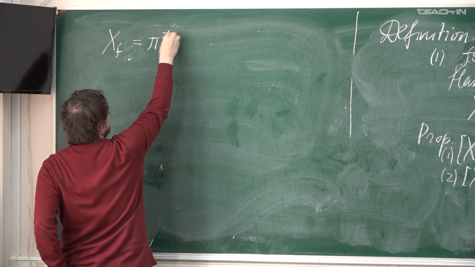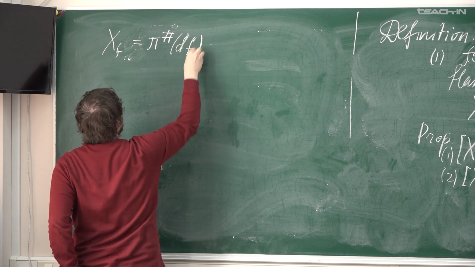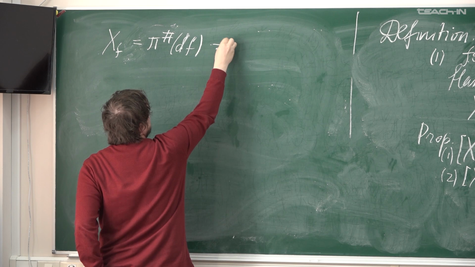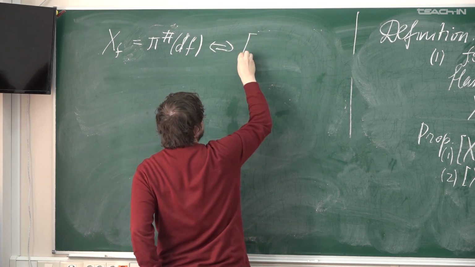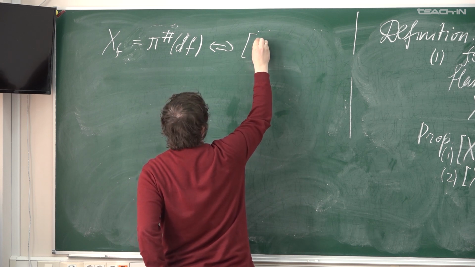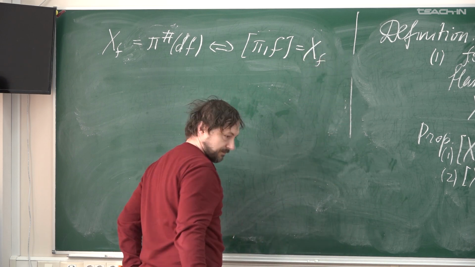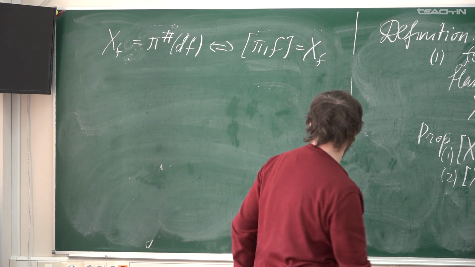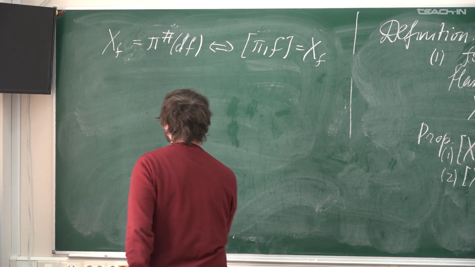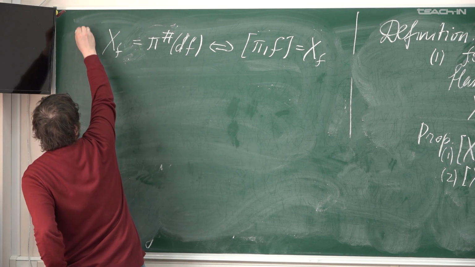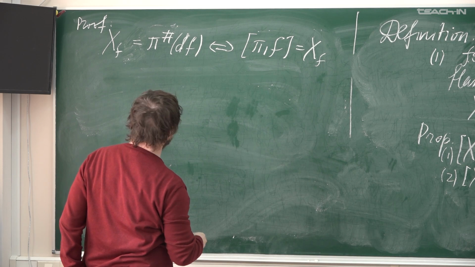So we know that it is this, but it is the same as to say that the Schouten bracket of pi and f is equal to X sub f. I don't know if it is really necessary to prove, but let us do this, I think just to show you how this is done.